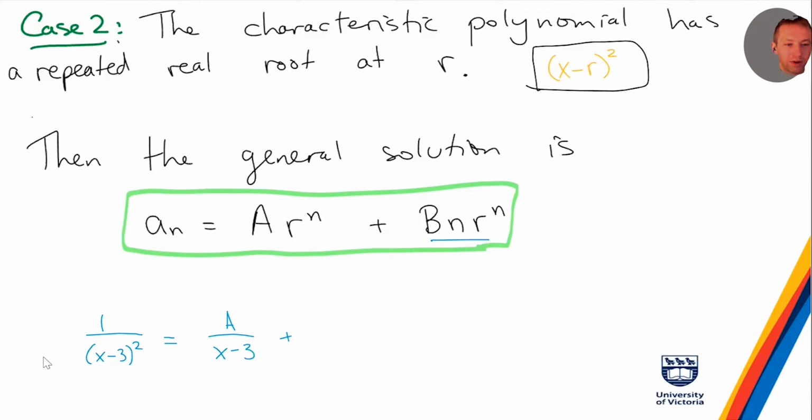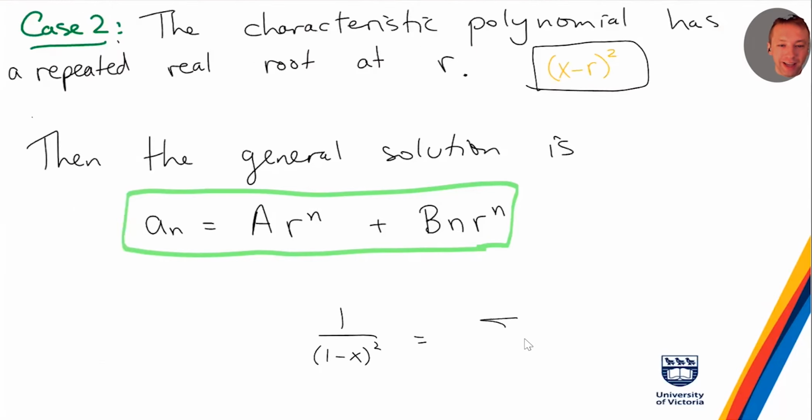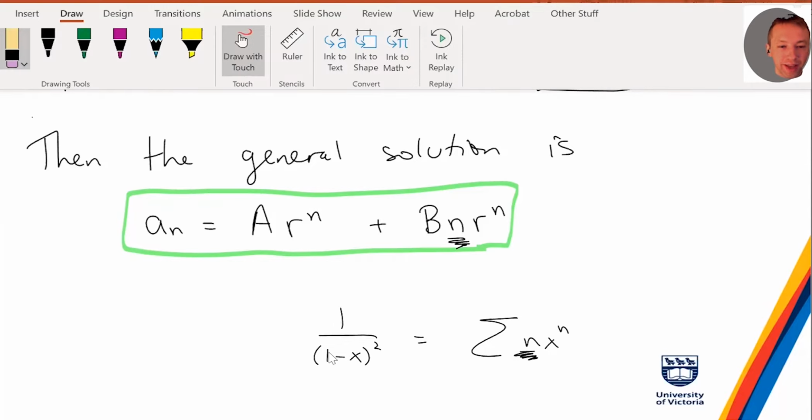Anyway, the fact that you have to involve the squared thing. And basically when I take 1 over (1 minus x) squared, it looks like n x to the n. And kind of this n is sort of why you have this n. But perhaps let's not dwell on that too much.